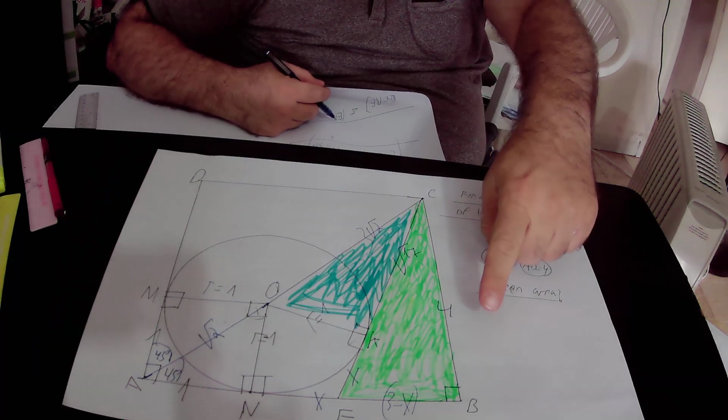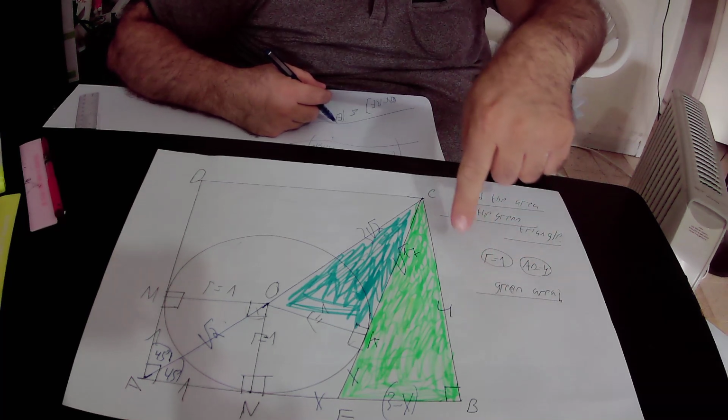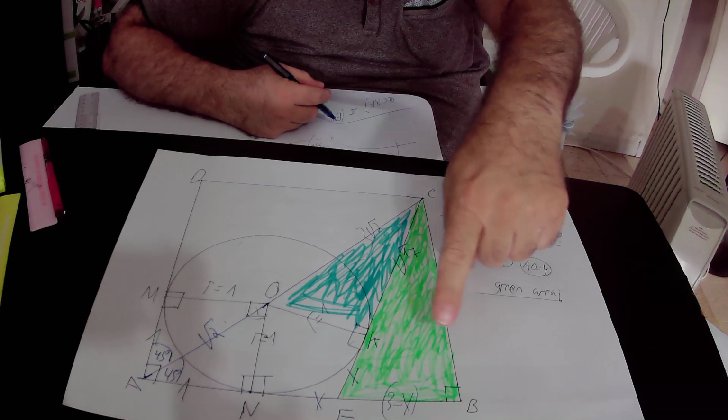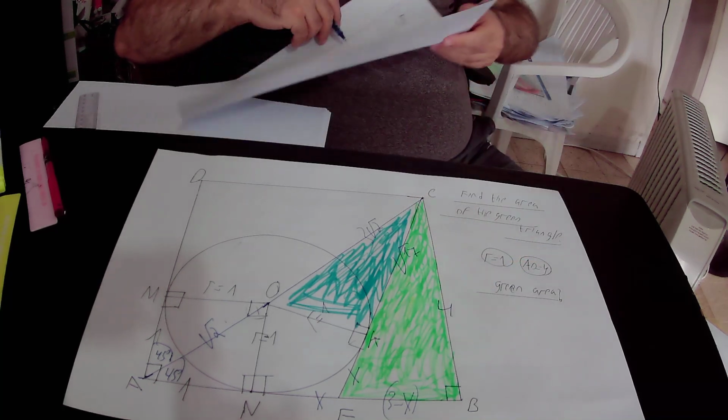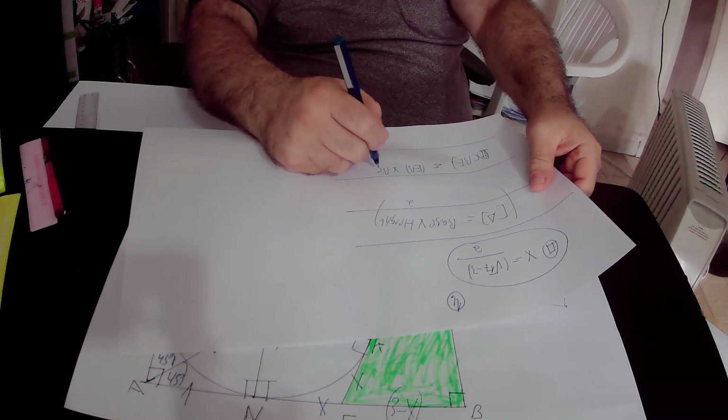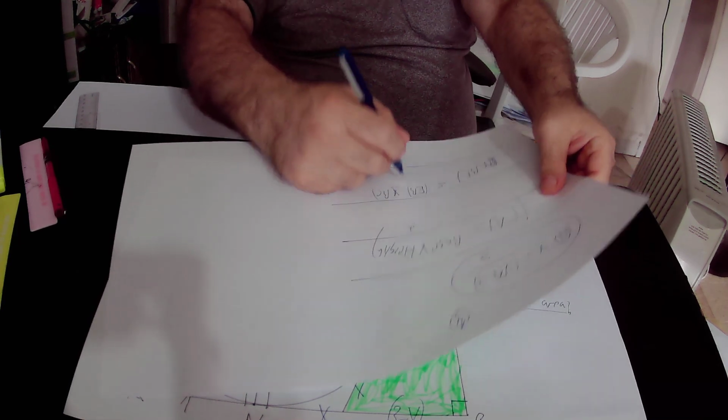The height is BC because the height must create 90 degrees with the base, and indeed BC creates 90 degrees with the base, so it is BC over 2.